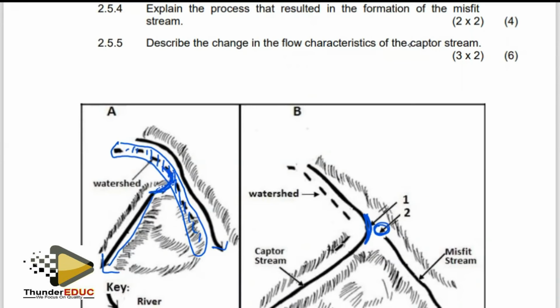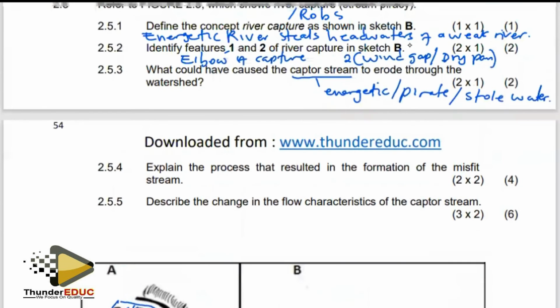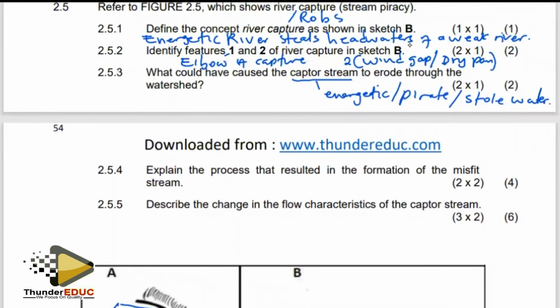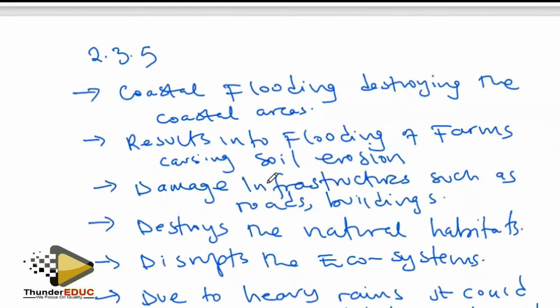That's why when you look at the other figure B, you can see nicely that the other river has been robbed of its source. Okay, and the question is asking what could have caused the capture stream, or the energetic stream, or the pirate, or the one which stole water, to erode through the watershed. 2.5.3.